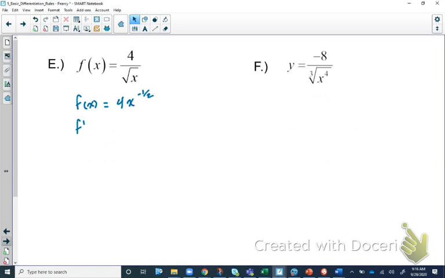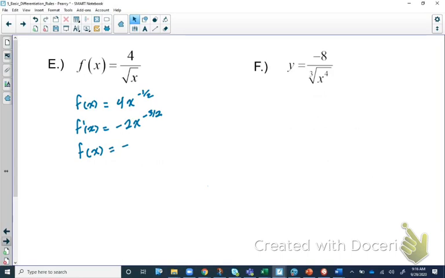So now we're going to say f prime of x. And here we multiply the negative 1/2 exponent to the 4, giving me a negative 2x. Negative 1/2 minus 1 will simplify to be a negative 3 over 2. So now we will use our properties of exponents to move the negative exponent to the denominator.